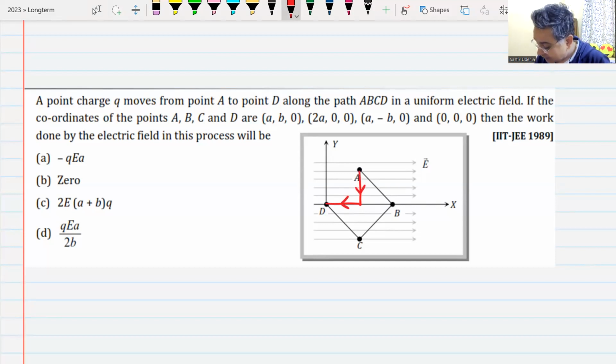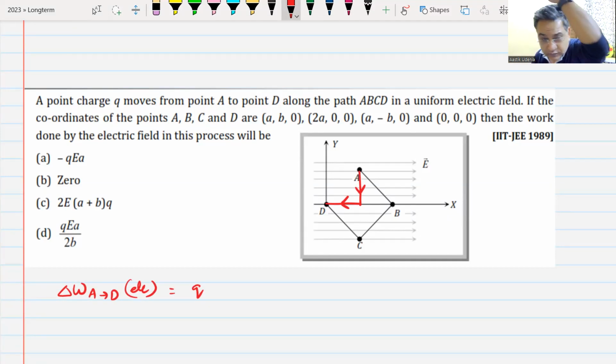Yes, sir. I have to find out the work done from A to D by electrostatic force. That will be equal to Q, work done is negative of, work done is force multiplied by the displacement, and force will be in this direction, displacement in this direction, so it will be negative.